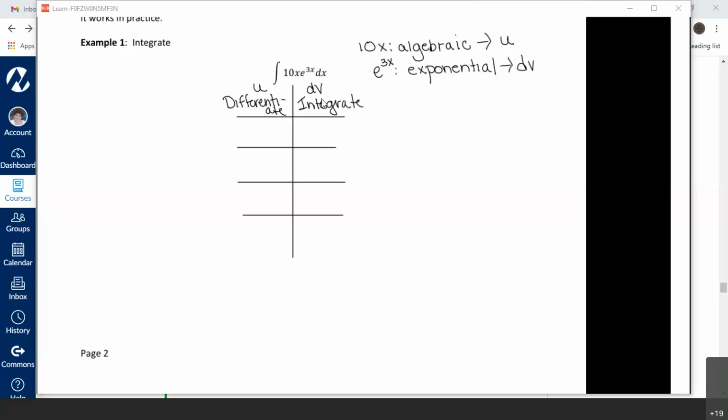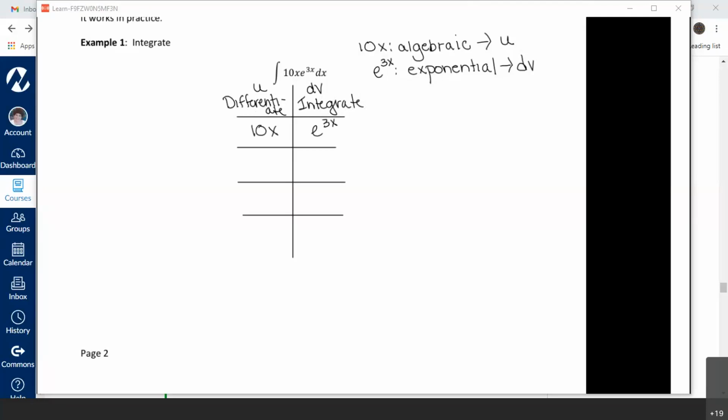For a lot of you, seeing dv will remind you, oh, differential, I should integrate that because it's a rate. Fine, but keep these words in there as long as you need them to tell you what you're doing. So u goes here. Here's 10x. And dv goes here, e to the 3x.